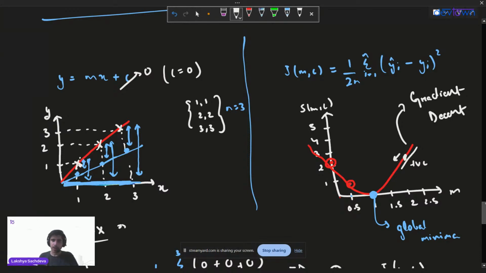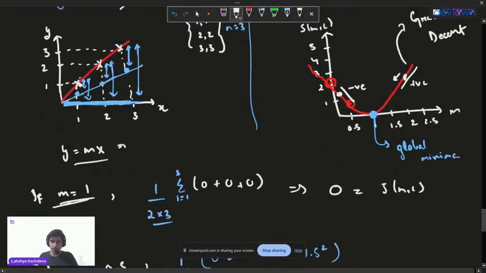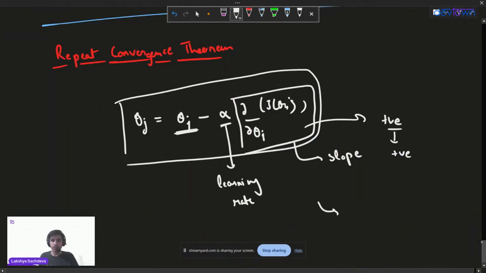Now suppose I am taking a point on the left side. The value of the slope on the left side will be negative. So when the slope is negative, this whole value will also become negative.